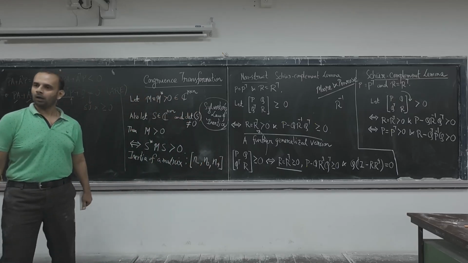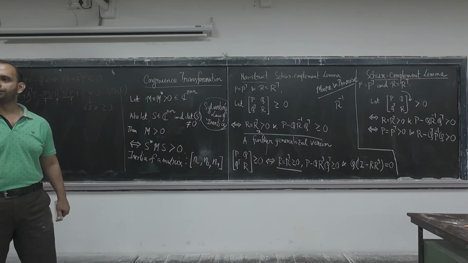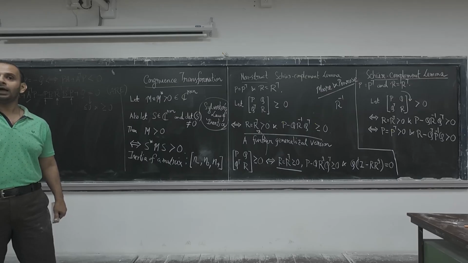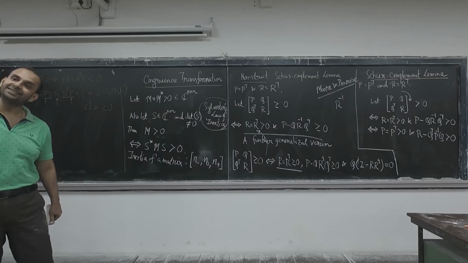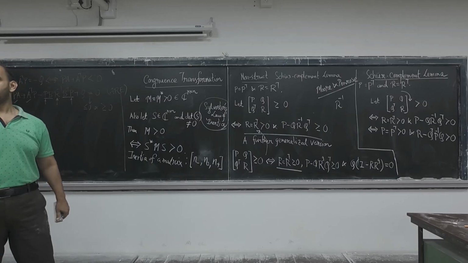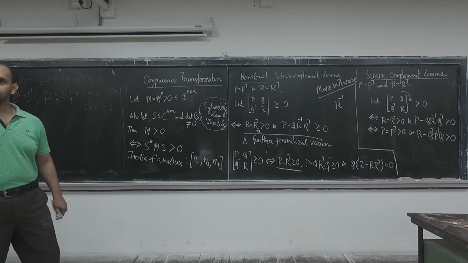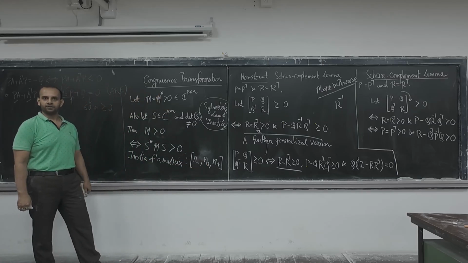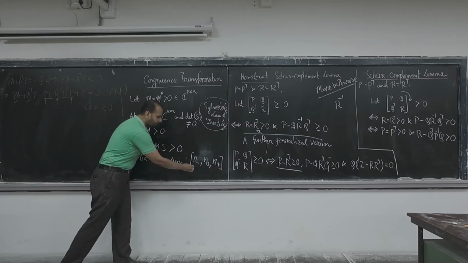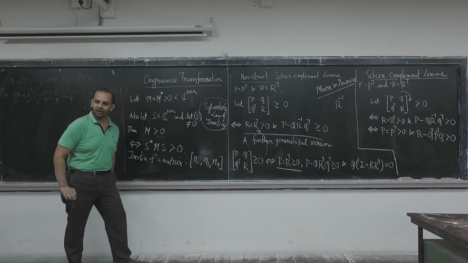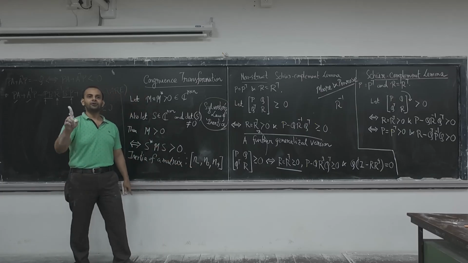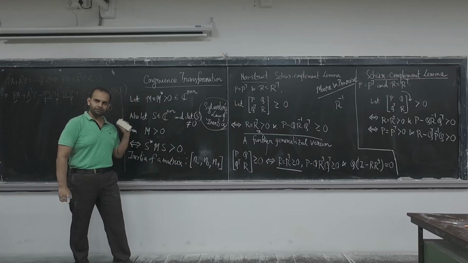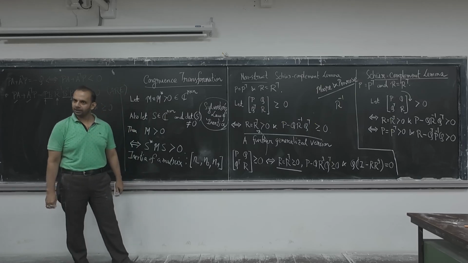It is something related to eigenvalues. The number of negative, zero and positive eigenvalues would remain the same after this congruence. This is called the signature, or inertia signature, of the matrix. Inertia is represented by n minus, n0 and n plus. n minus means the number of negative eigenvalues of that matrix, n0 means the number of zero eigenvalues, and n plus means the number of positive eigenvalues.